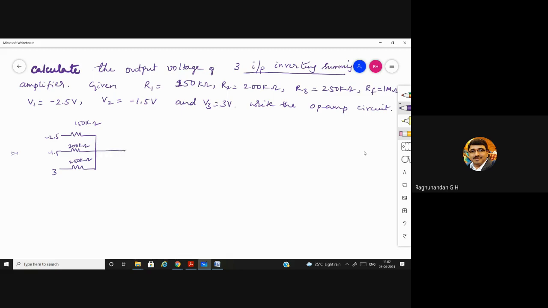This will be fed to the inverting terminal, and it will be given out. And the non-inverting terminal will be grounded. So we will be having a feedback of 1 mega ohm, and we need to find the output, with plus VCC and minus VEE.